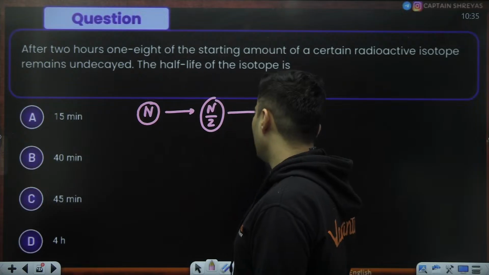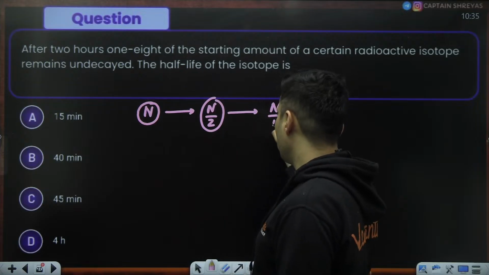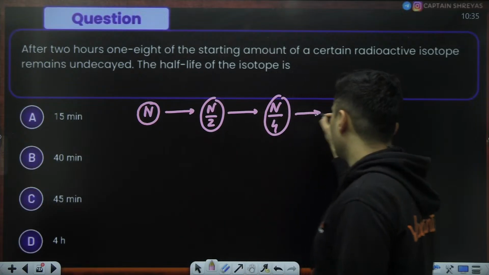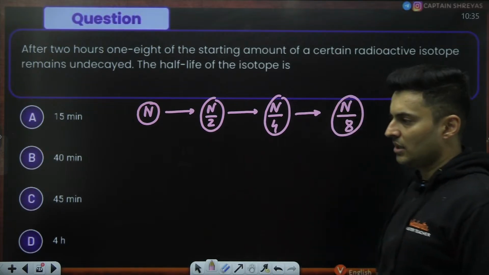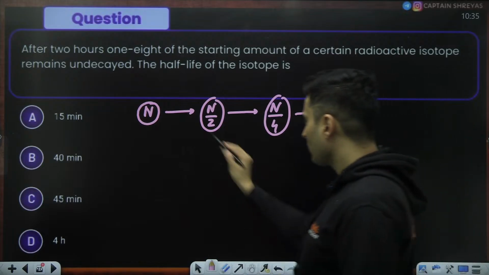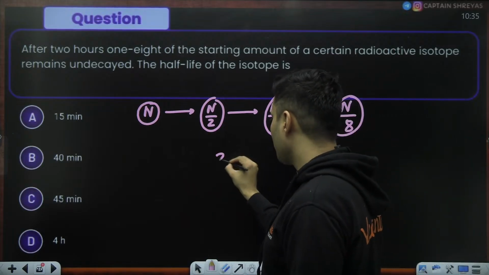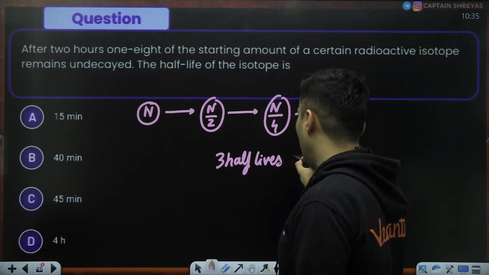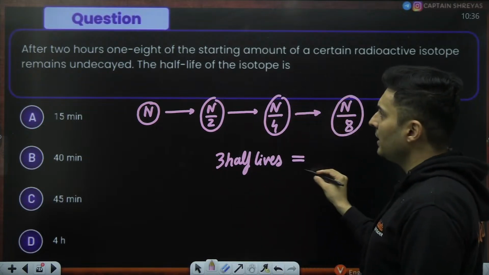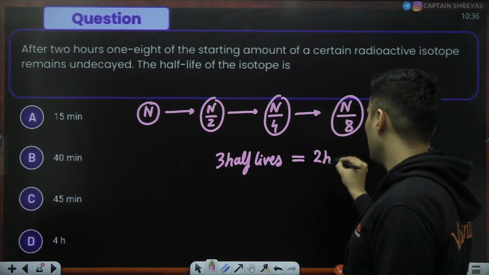After one more half-life, it will become N by 4, half of it. After one more, it will be remaining only N by 8. So three half lives, as you can see. Three half lives is basically 2 hours.